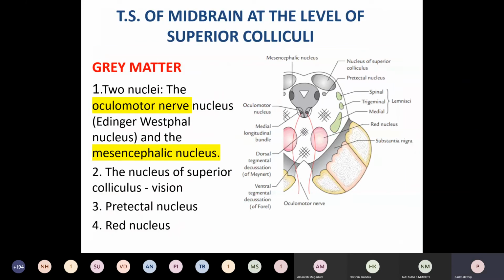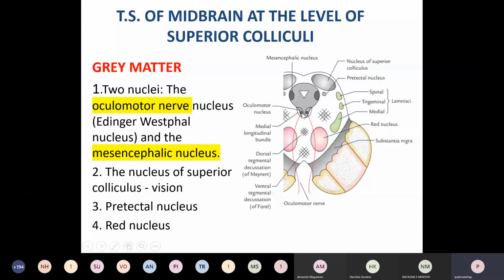Next, coming to the other section of the midbrain, the section at the superior colliculus. In the superior colliculus section, the tegmentum part gray matter again includes cranial nerve nuclei. The cranial nerve nucleus present in the periaqueductal gray matter is the nucleus of the oculomotor nerve. The oculomotor nerve nucleus has many components, one of which is the Edinger-Westphal nucleus.